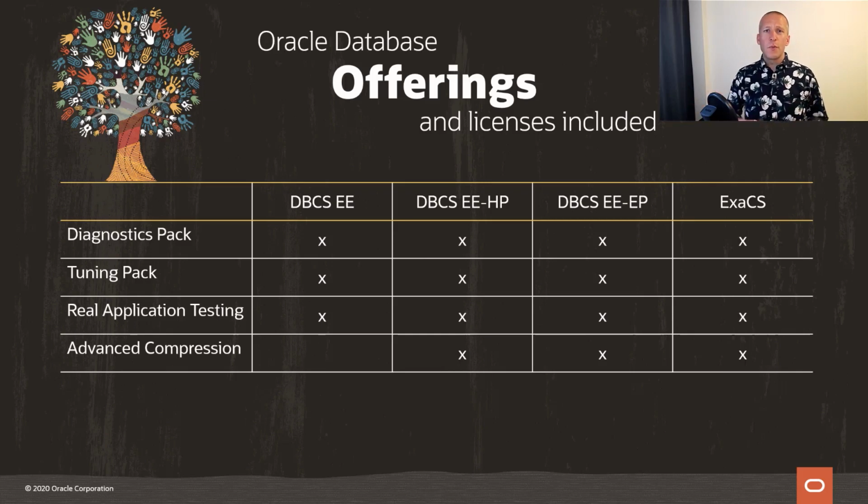I know those 2 packs are very popular with many of you out there. The same applies to Real Application Testing, which includes SQL Performance Analyzer. We'll have a look at that later on in this webinar. Also included in High Performance and up is Advanced Compression.